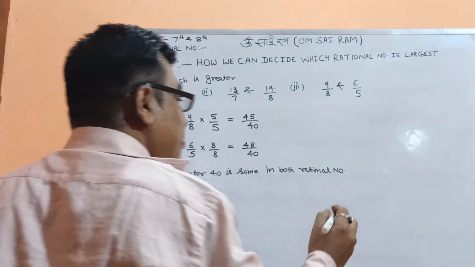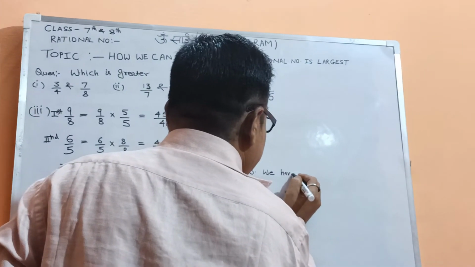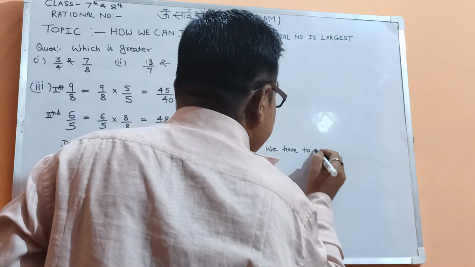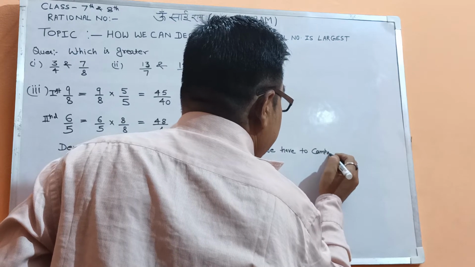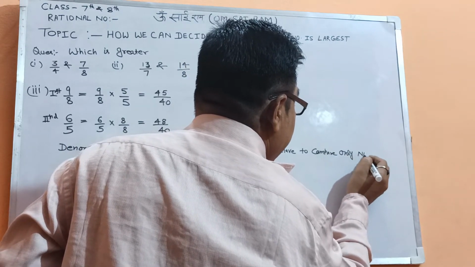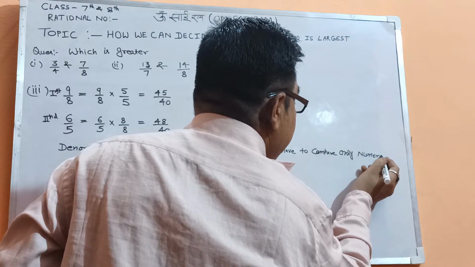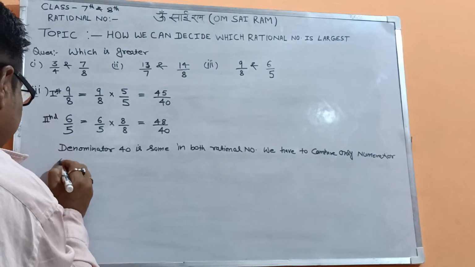We have to compare only the numerators of both rational numbers.